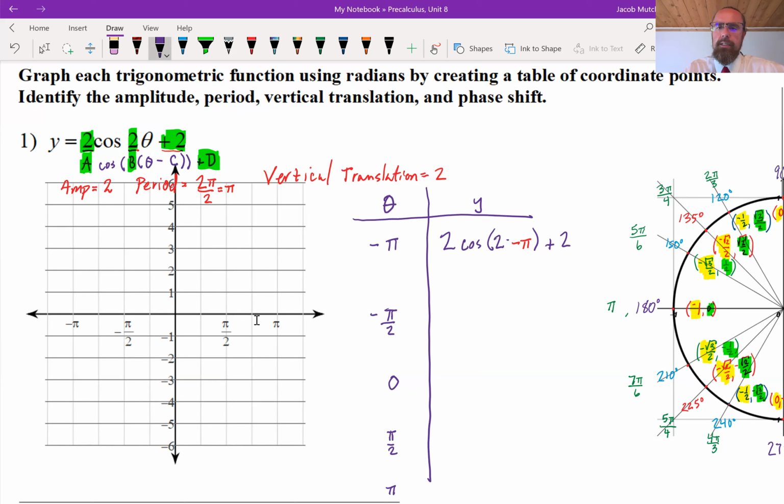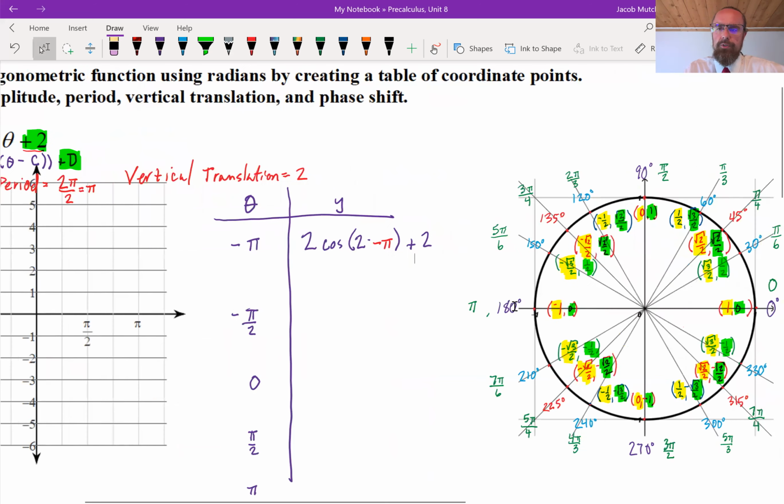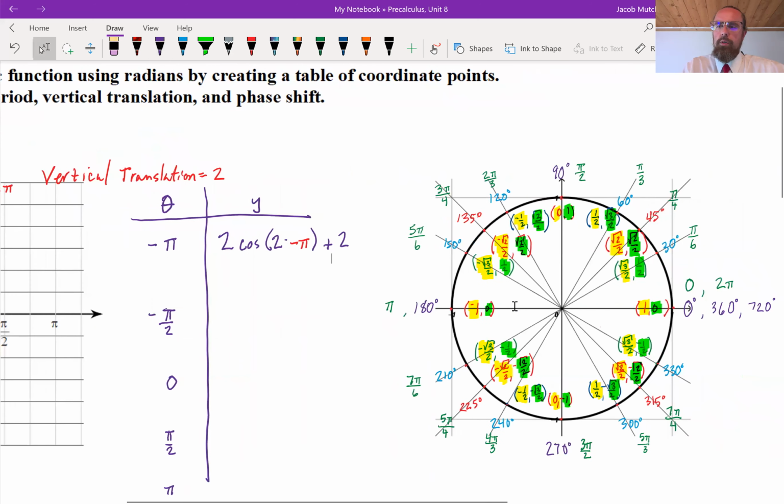Let's shift over here to our unit circle, equivalent to 2 pi. So cosine at 2 pi is going to be the x value here in the yellow. So that's 1. So 2 times 1 plus 2, that's going to give us a value here of 4. So at negative pi, the value is 4.